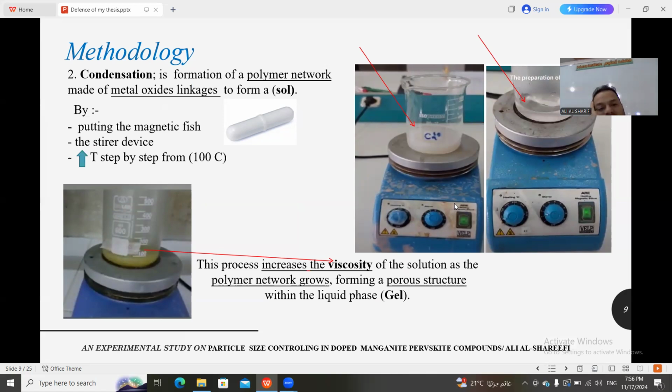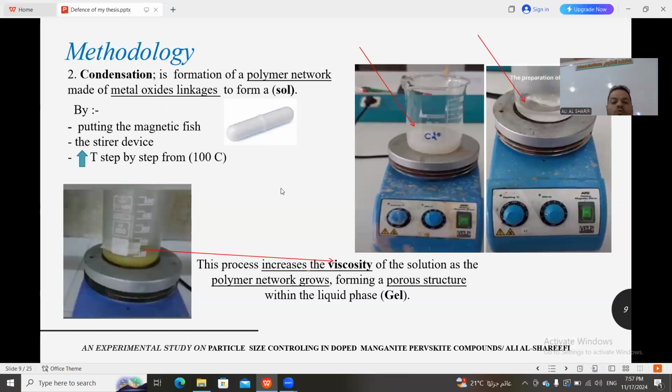By putting a magnetic fish here, using a stirrer device to stir the liquid in the tube, I put a magnetic fish to make this stirring process the best. And step by step, I increase the temperature from 100 to 150, 200, 250, something like that.